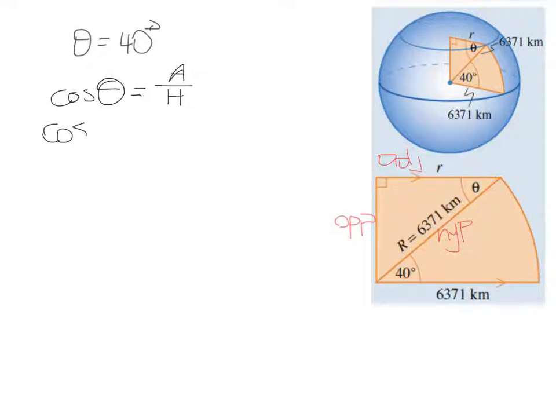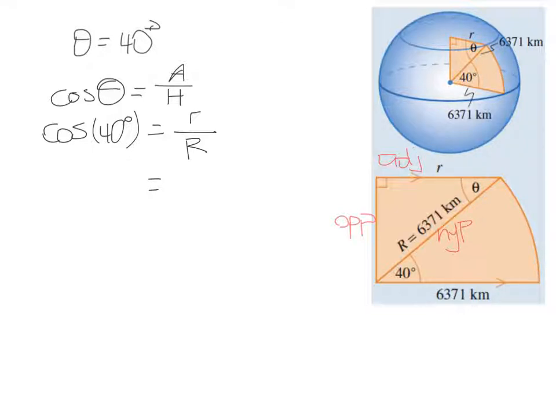So the cosine of 40 degrees, which is what our unknown theta is going to be, the adjacent is our little r. So if we look over here, adjacent is little r, and h for hypotenuse is going to be big R, our 6,371 kilometres, the radius of the great circle at the equator. So what we want to do is just rearrange for r.